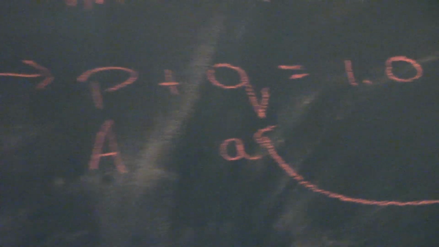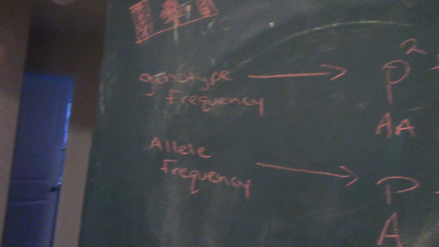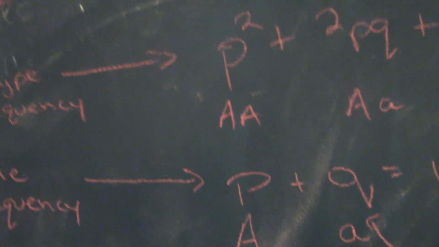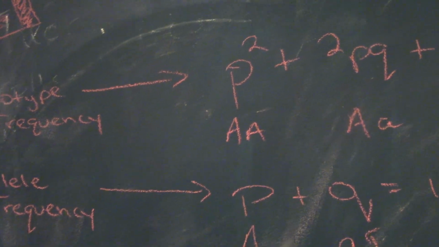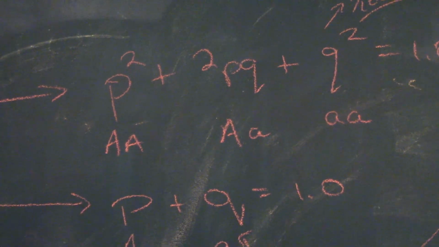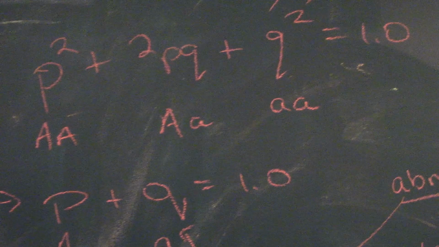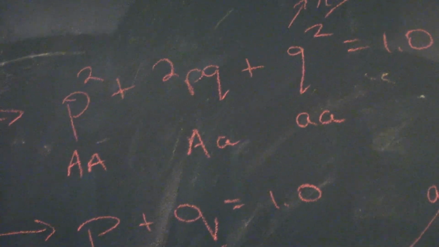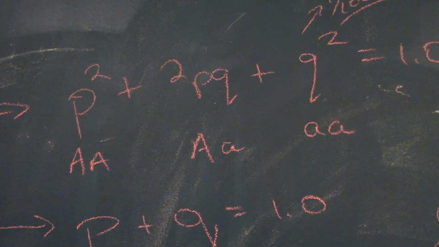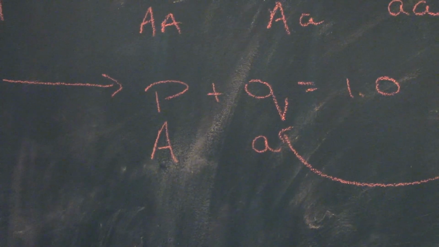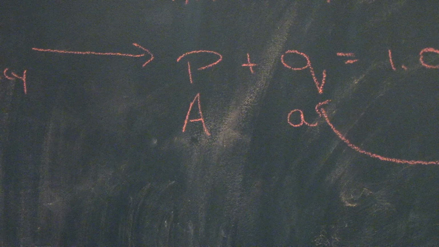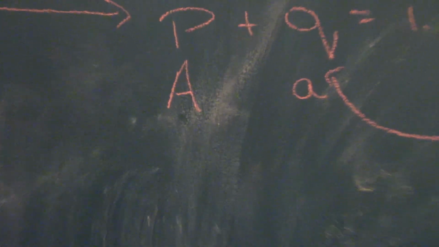So P squared is the genotype frequency for homozygous dominant individuals, 2PQ is the genotype frequency for heterozygotes, and Q squared is the genotype frequency for recessive individuals. P is the dominant allele frequency and Q is the recessive allele frequency. We were actually given that.